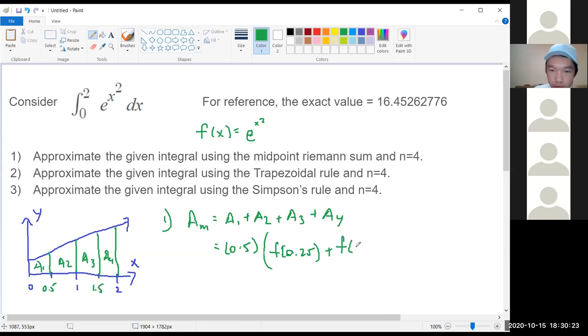Yeah, 0.75, 1.25 and 1.75. Whatever this is will give you the integral approximation using midpoint Riemann sum.